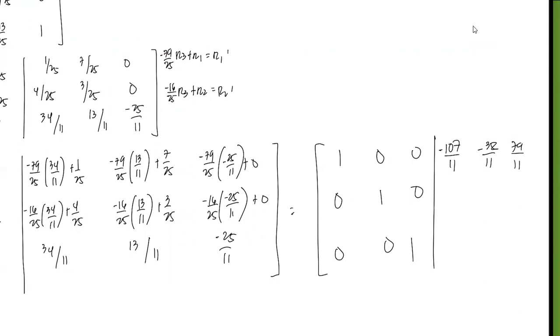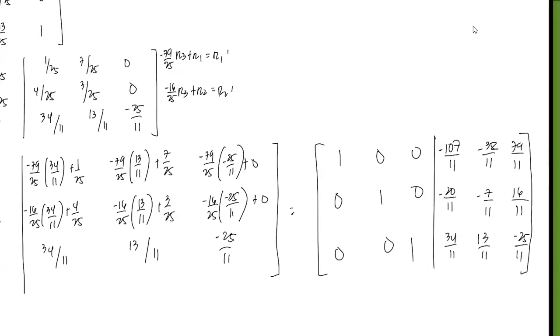We have negative 20 over 11. Negative 16 over 25 times 13 over 11 plus 3 over 25. That is negative 7 over 11. Negative 16 over 25 times negative 25 over 11. That is 16 over 11. And then, copy lang natin to. 34 over 11, 13 over 11, and negative 25 over 11.